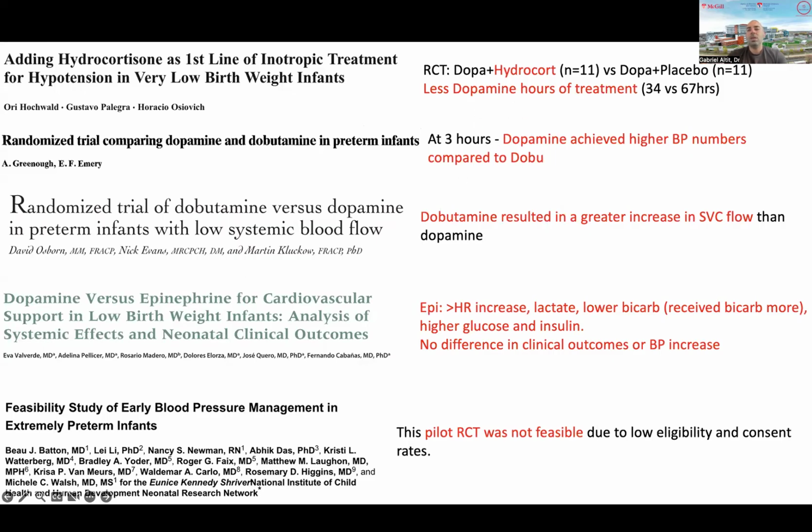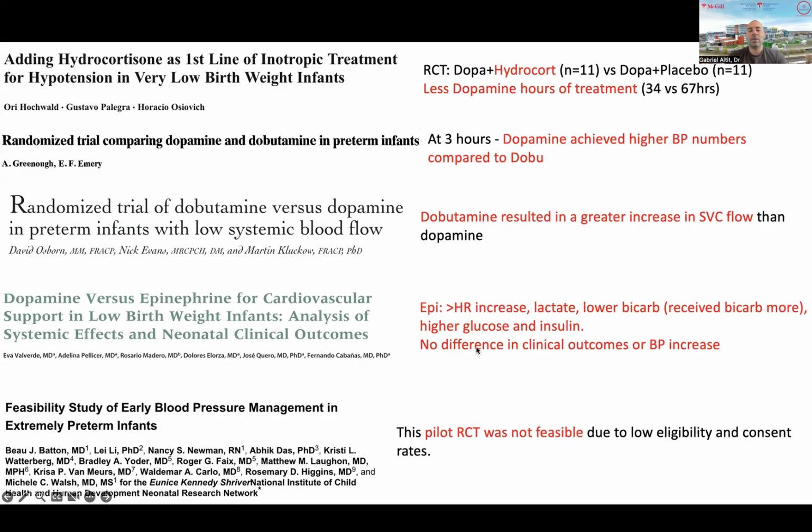And basically what we know is that many of the medications that we use like DOPA, DOBU, EPI will increase heart rate, will increase BPs, but it's really not clear that in these patients who have dropping numbers and no other signs of hypotension or hypoperfusion, you'll actually make any big difference in the outcomes of these patients. And actually some of them develop side effects of the medication.